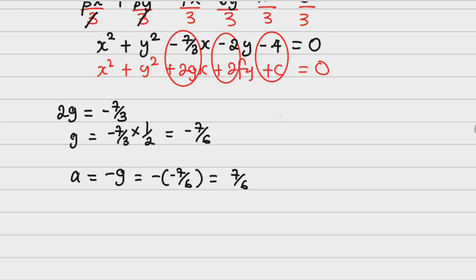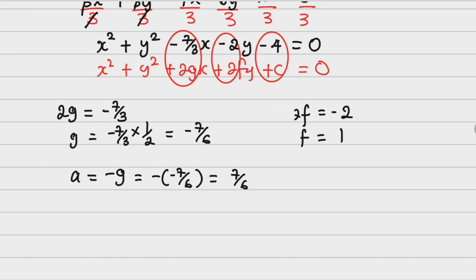Then I will pick minus 2f, all right, minus 2f is equals to, let me correct this. I'm saying something else and I'm writing something else. Minus 2f is equals to minus 2, so that f is going to be equals to 1.